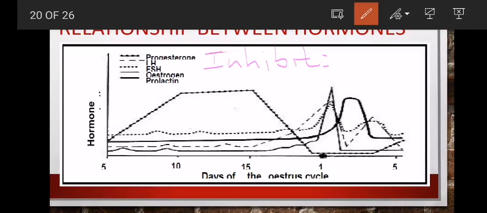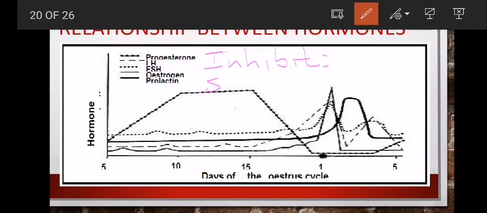Inhibit in this scenario will simply mean that a certain hormone is stopping the other hormone from being secreted.